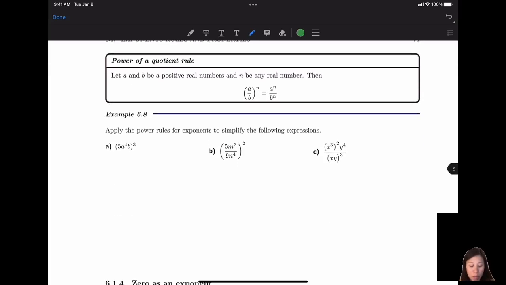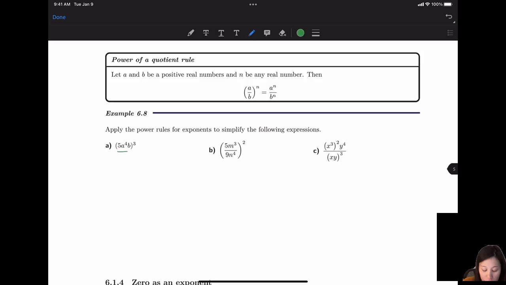Apply the power rules for the exponent to simplify the following expressions. In here, because inside the parentheses this is multiplied, you can apply the third exponent inside the parentheses by multiplying. So you have 5 to the third power, and then a to the 4 times 3, b to the 1 times 3.